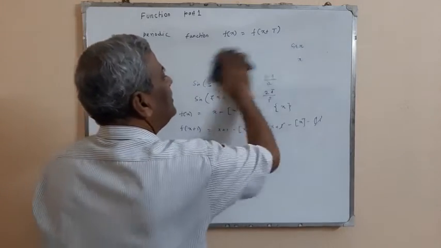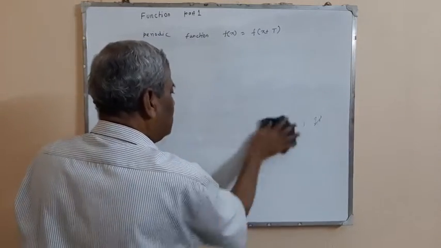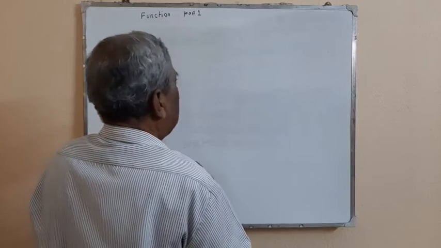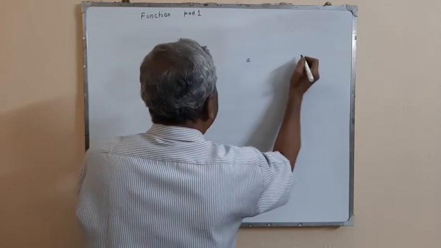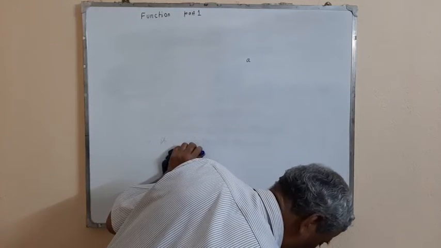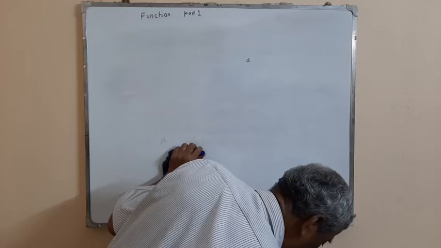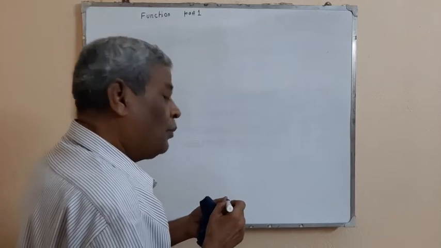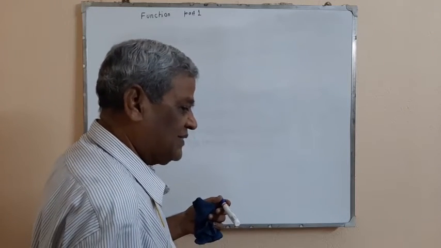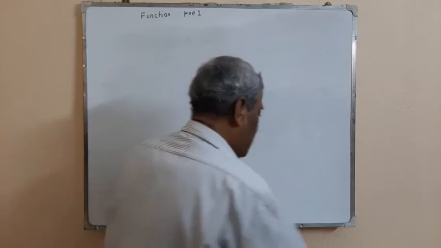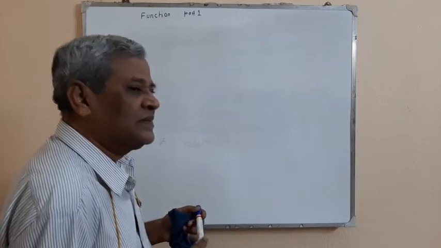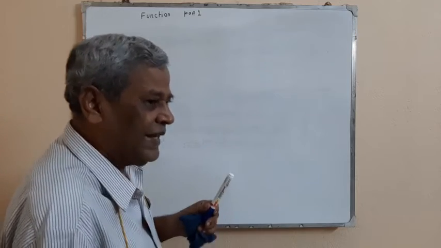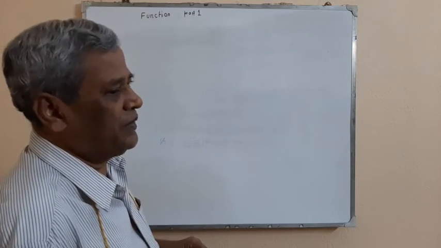For all allowable values of x, all admissible values of x, if the function is real and finite, then the collection of these allowable values of x is called the domain of definition.